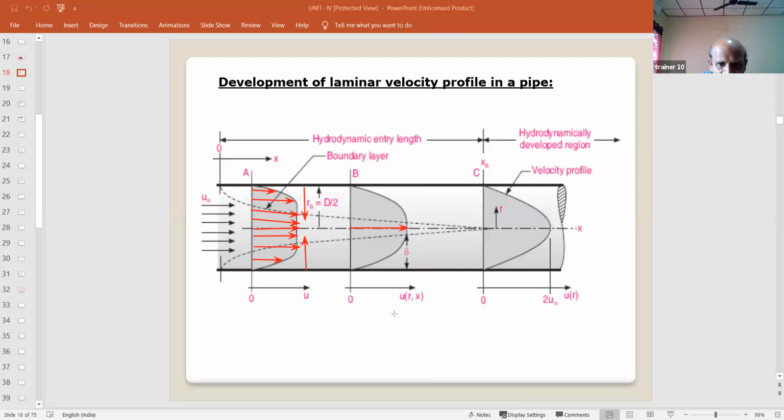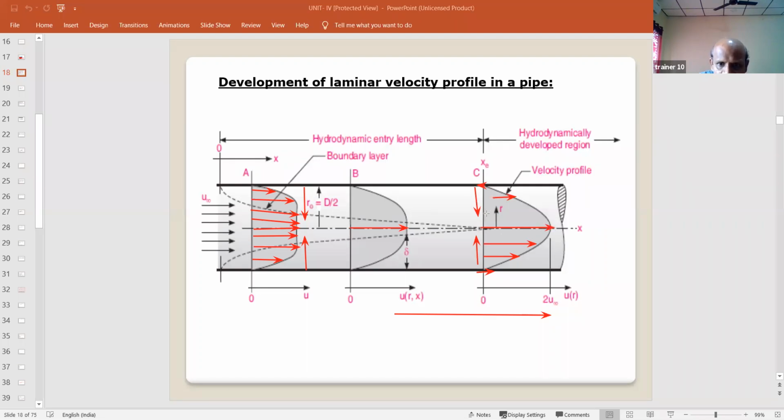Okay, so with further increase in x direction, we are considering the C section. At the C section, at the wall of the pipe, we have zero velocity, and with the increase in this direction or in this direction, the velocity increases. Here this is the velocity, here this is the velocity, and at the axis this is the velocity. Similarly, here also.